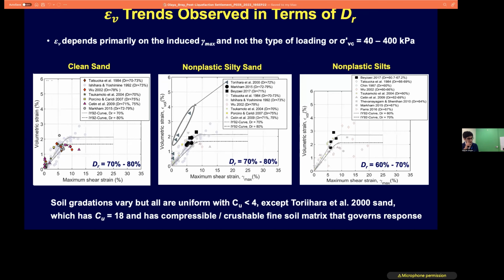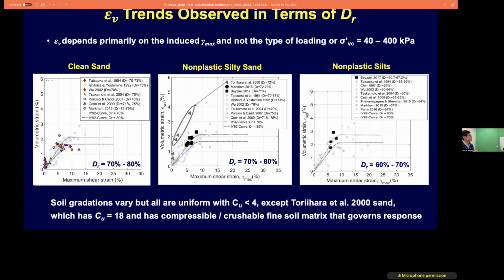Some trends that we observe in our data: volumetric strain trends in terms of relative density. The first observation is that the volumetric strain and the maximum shear strain during cyclic loading have a strong relationship. At smaller strains, as you approach initial liquefaction, and beyond initial liquefaction, there is still a linear trend.